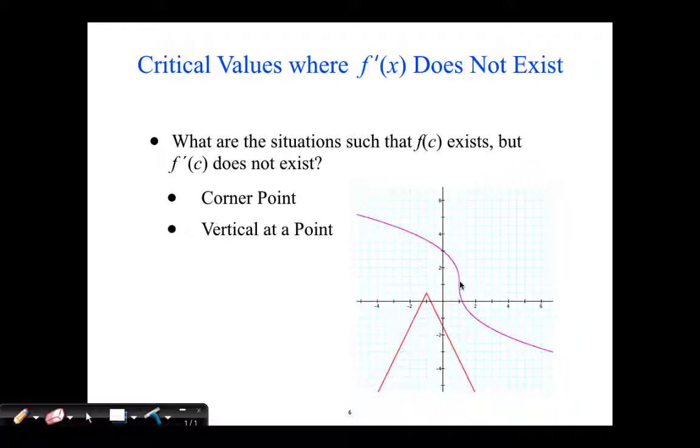But if I'm just looking for maximums or minimums of the purple curve here, it has nothing to do with that spot there. It is also an inflection point, strangely enough. It changes from curved down to curved up, so the second derivative changes signs there. But this point in itself isn't going to be something of interest in terms of a maximum or a minimum of the purple function, just of its derivative.